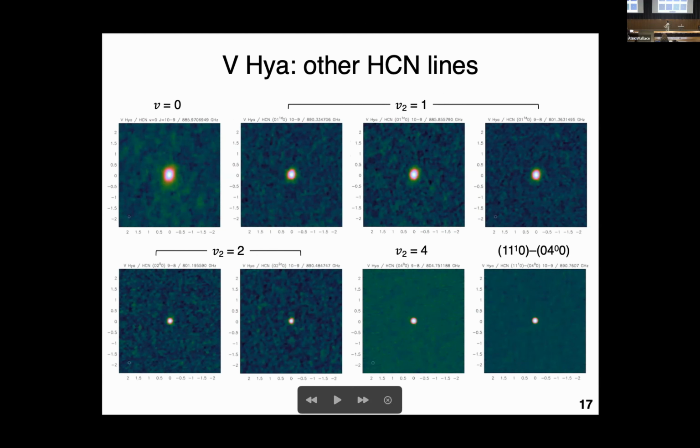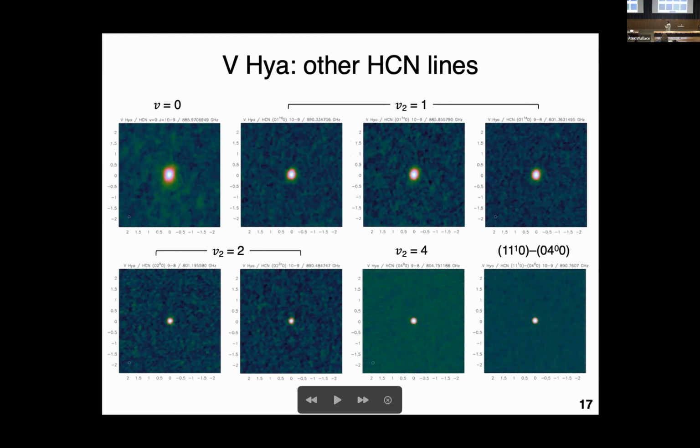Most of them are firmly excited, except perhaps for some of the L-type doubling components of the V2 state in isolated sources, but most of these are firmly excited emissions, except for the V2 in the last two sources.